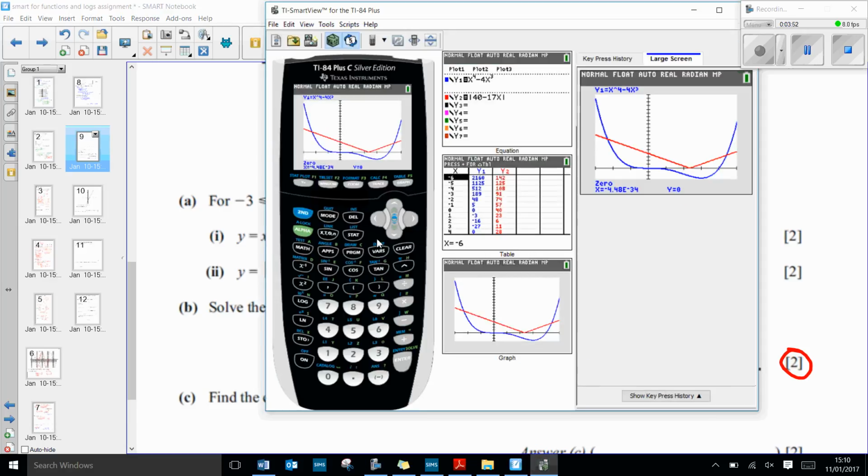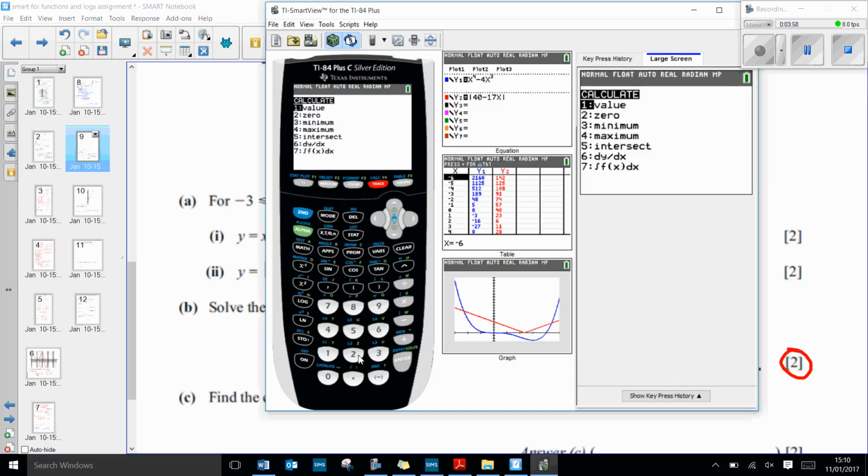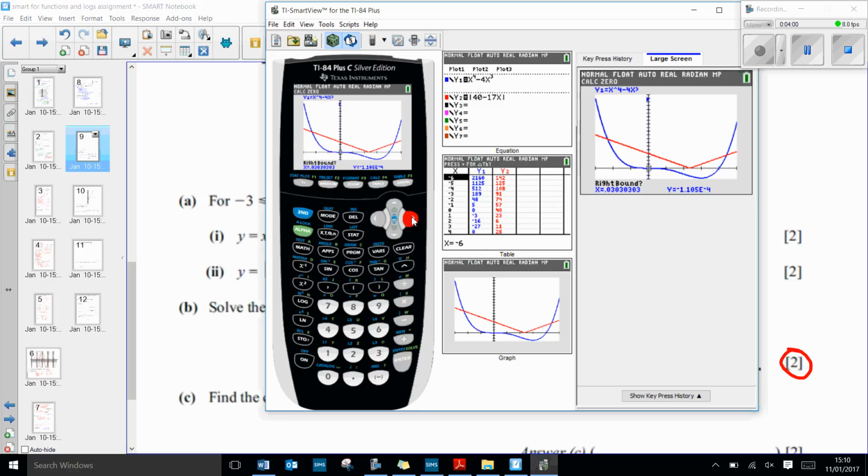We can see it crosses over here as well, so we need to repeat the process. So second calc 0. So we need to scoot the cursor all the way to the other side. Oops, why has it already got on right bound? Let's do that again. Calc 0.